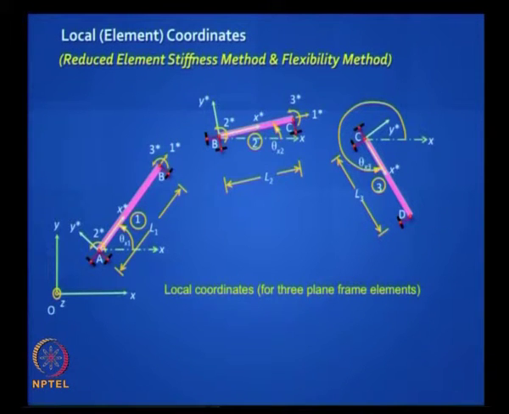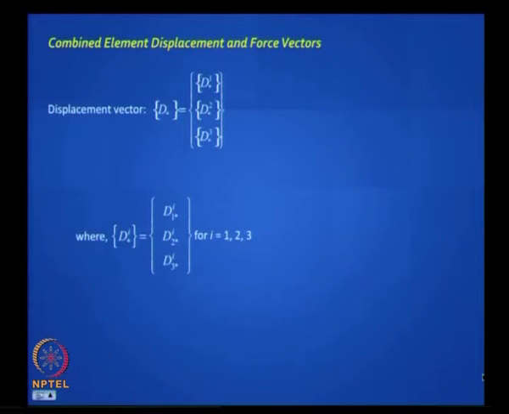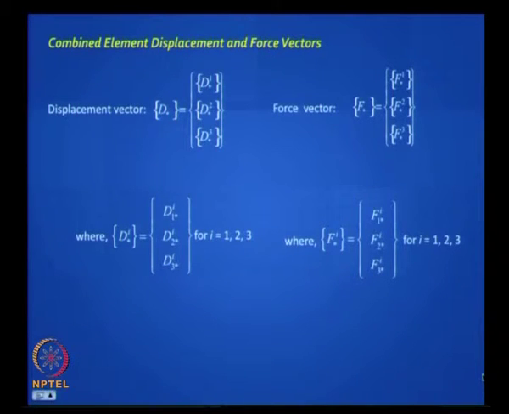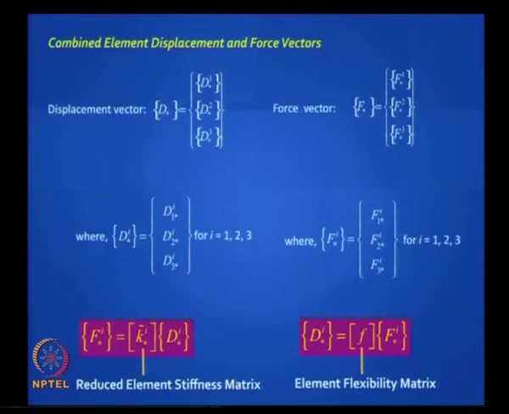So you have 1, 2, 3 everywhere, right? Does it make sense? Okay, these are my local coordinates. Now I can put it all together and I get my combined element stiffness. For each of them it is like this, got it? That 6 became 3, that is all, much easier to handle, and there are 3 elements that I can put together, and that is my combined element stiffness matrix. Everything that we did till now is the same except the size is dramatically reduced, and you put a tilde to make sure you are clear.